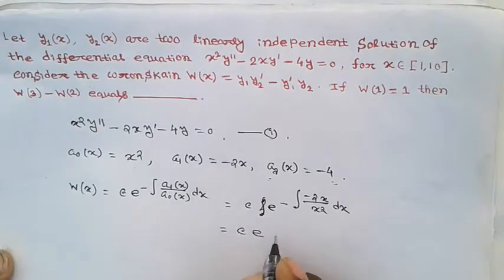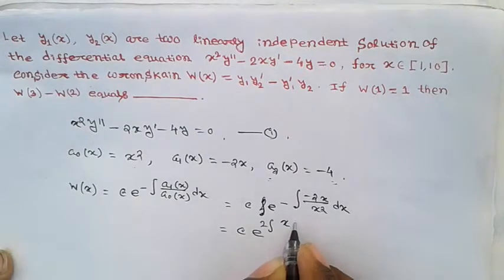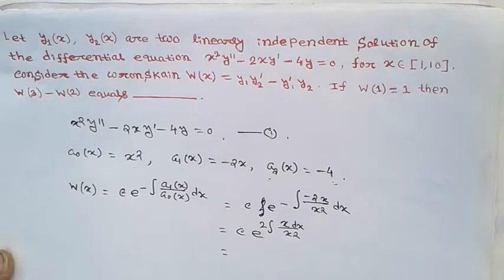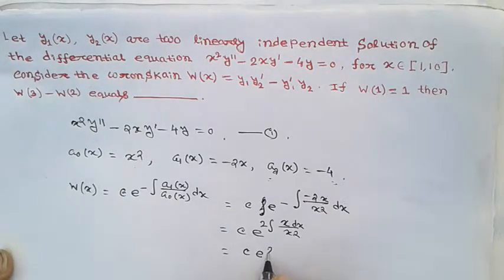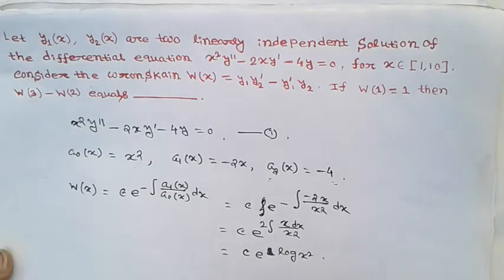So this becomes the integral of 2x over x² dx, which gives c e to the power 2 log x, and this is simply c x².